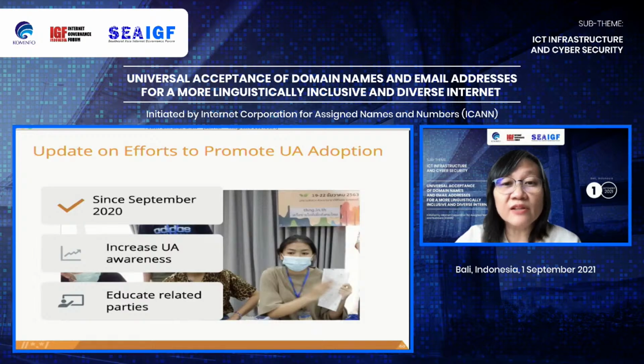In dealing with both the business and technical issues I mentioned, THNIC has been doing a lot of activities in terms of IDN and EAI adoption promotion. Then with the UA Steering Group, we started the Thailand UA local initiative in September last year.